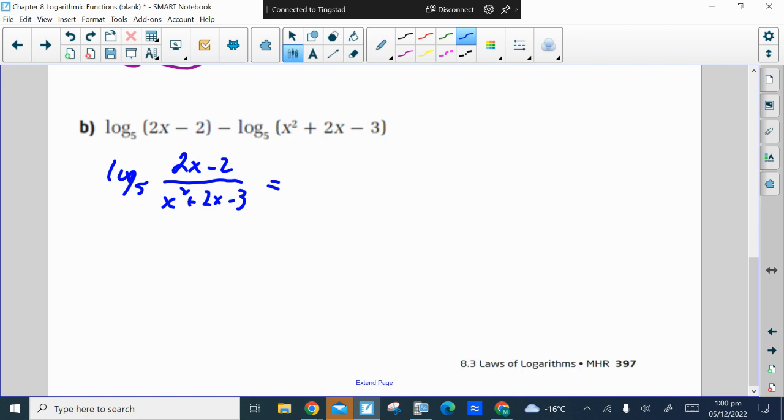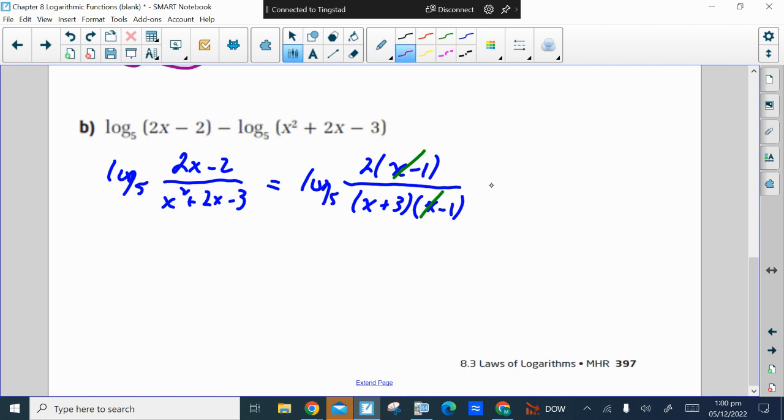And this can be simplified by factoring. On top, there's a common factor of 2. On the bottom, if we factor x squared plus 2x minus 3, it'll be x plus 3, x minus 1, and then the x minus 1s will cancel. So our simplified expression is log base 5 of 2 over x plus 3.